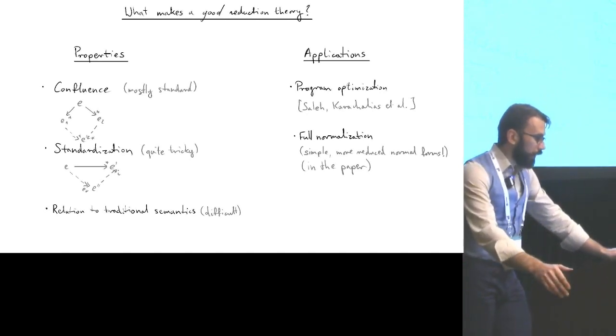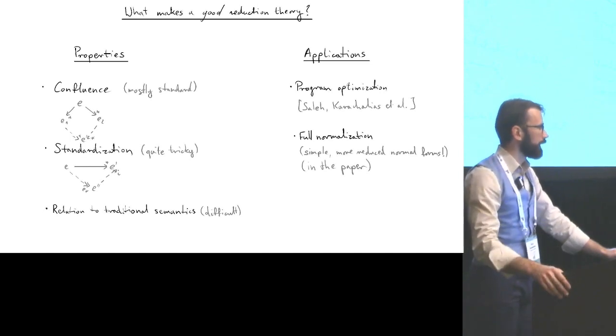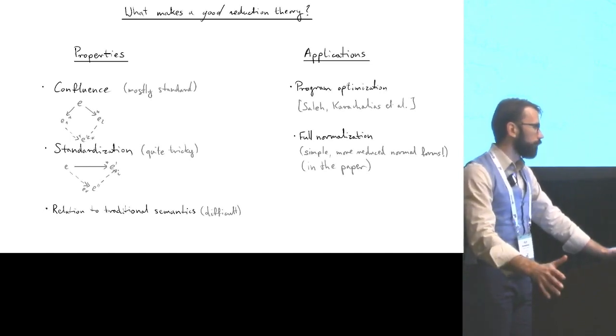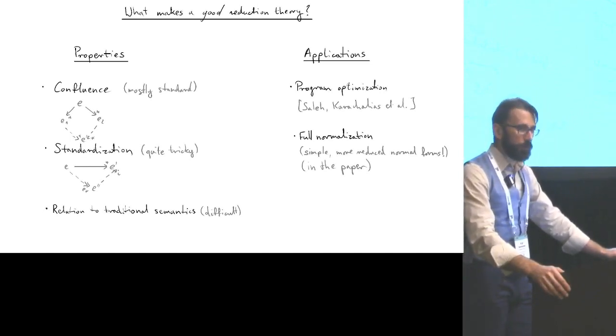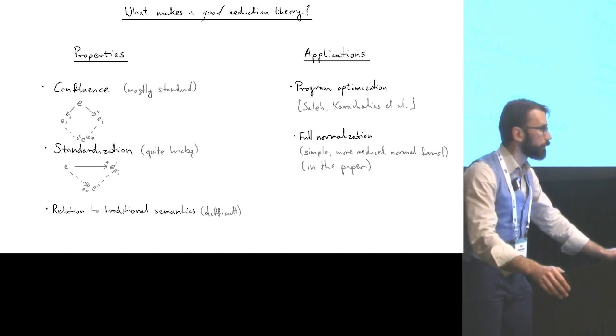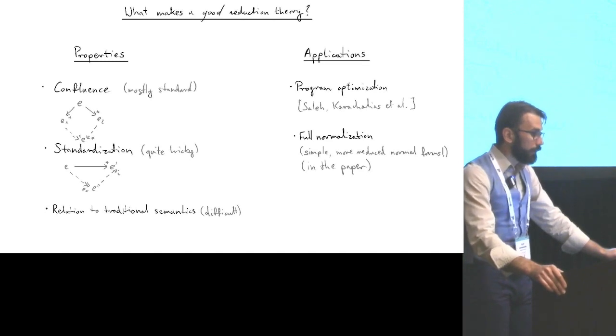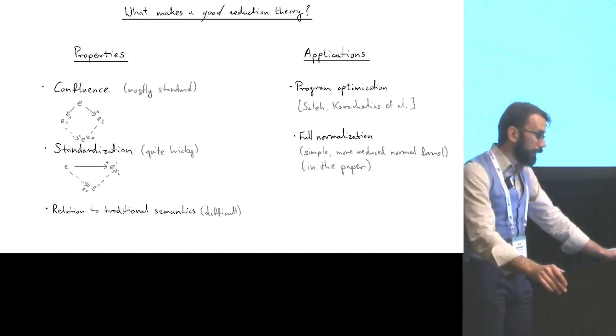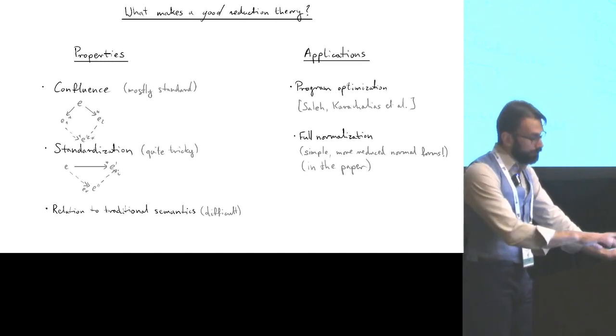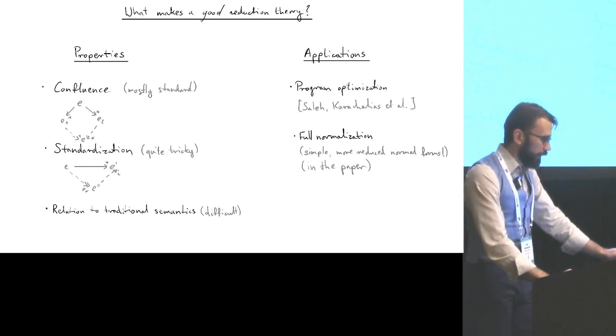The proof is mostly standard. There's a lot of critical pairs, but other than that, there's nothing much going on. So you'll have to look at the paper if you want to see the details. But the second part is standardization, which is quite tricky. And I will try to tell you a little bit about how this works.